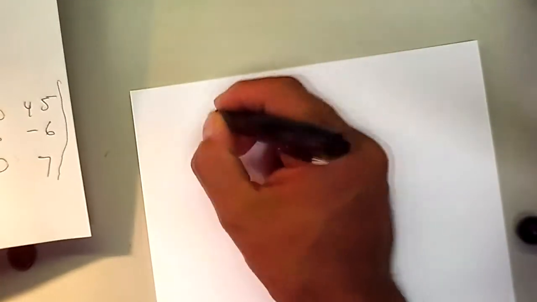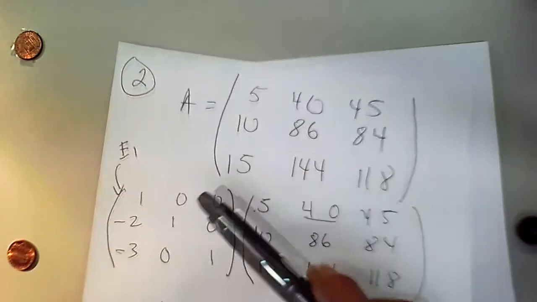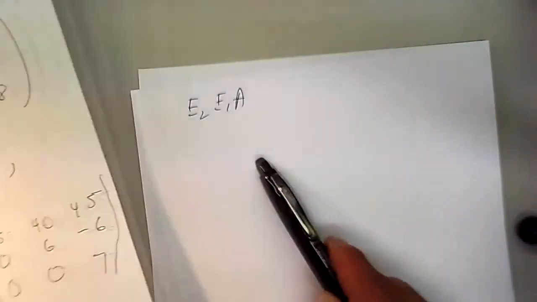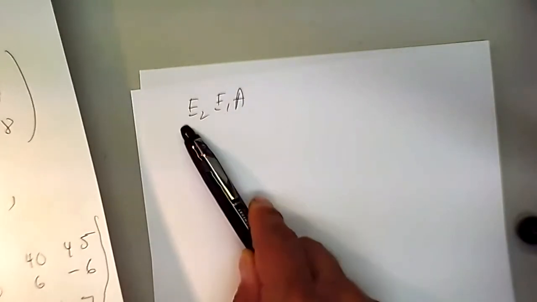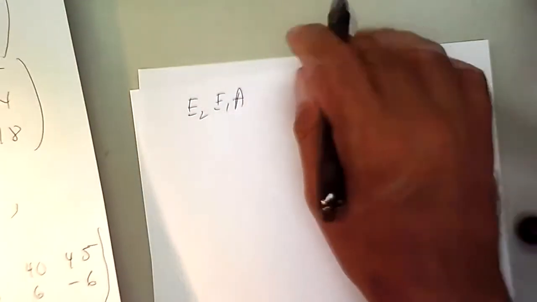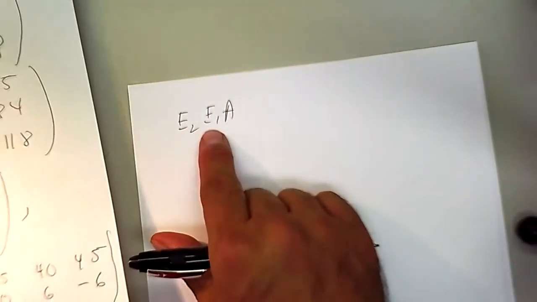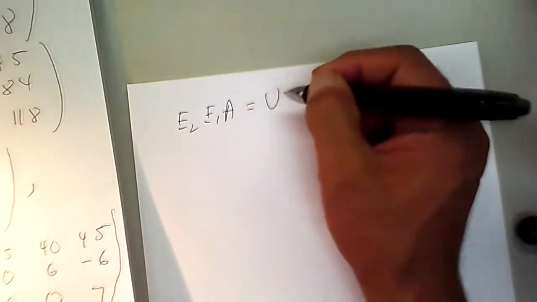So this is what we have so far. When we multiply E1 and E2, watch out, because we multiplied first E1 and then E2. So when we read this from left to right, we are multiplying E2 and then E1 and then A. That gives us the U.